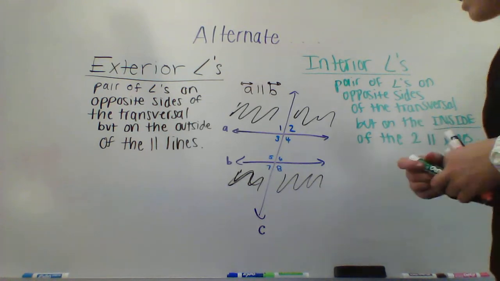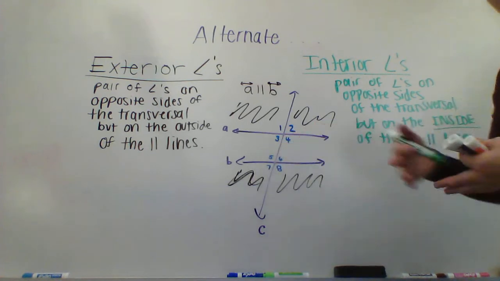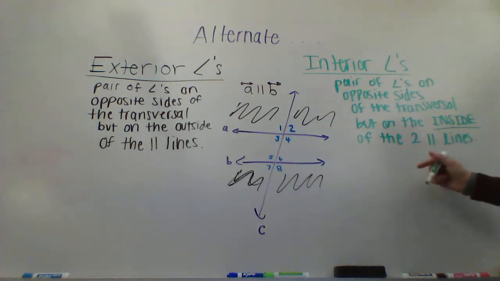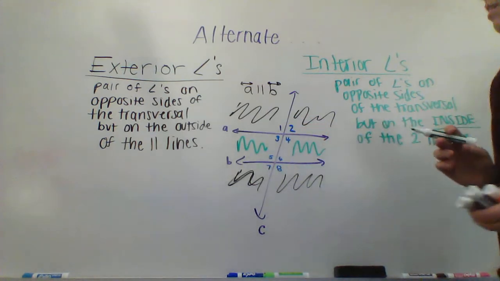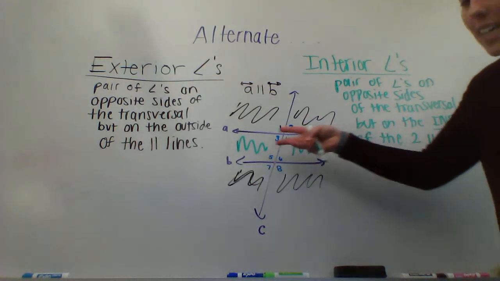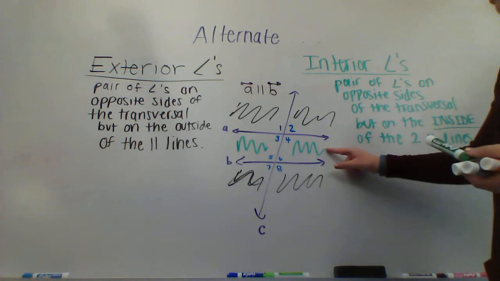So this one, again, is a pair of angles on opposite sides of the transversal. So we're looking at a transversal, and they're on the inside of the two parallel lines. So I will highlight the interior angles because it's on the inside of the two lines. So we have our exterior on the outsides and our interior on the inside.